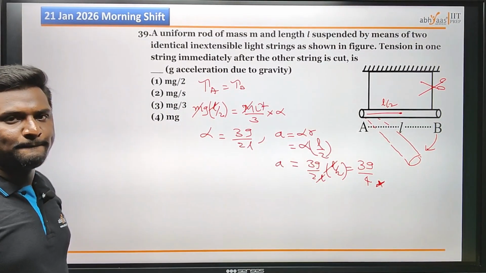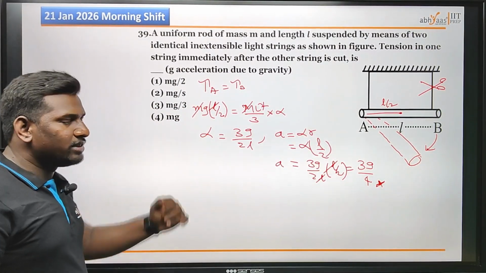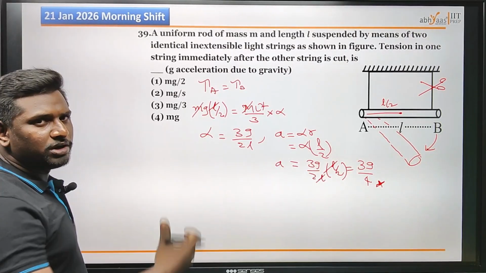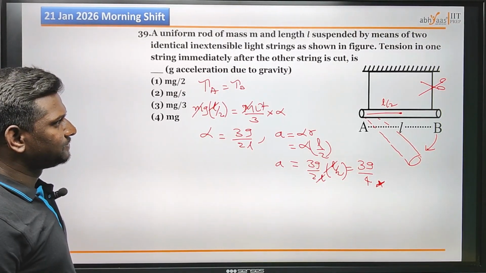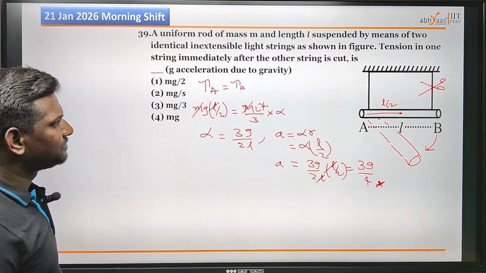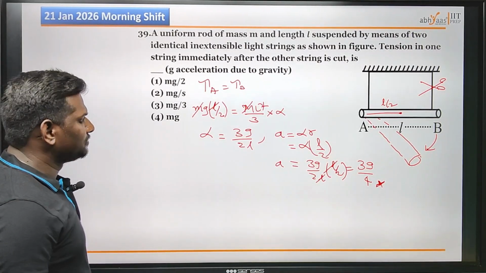Why are we writing this? You have to write the free body diagram of the rod. So see here, free body diagram.